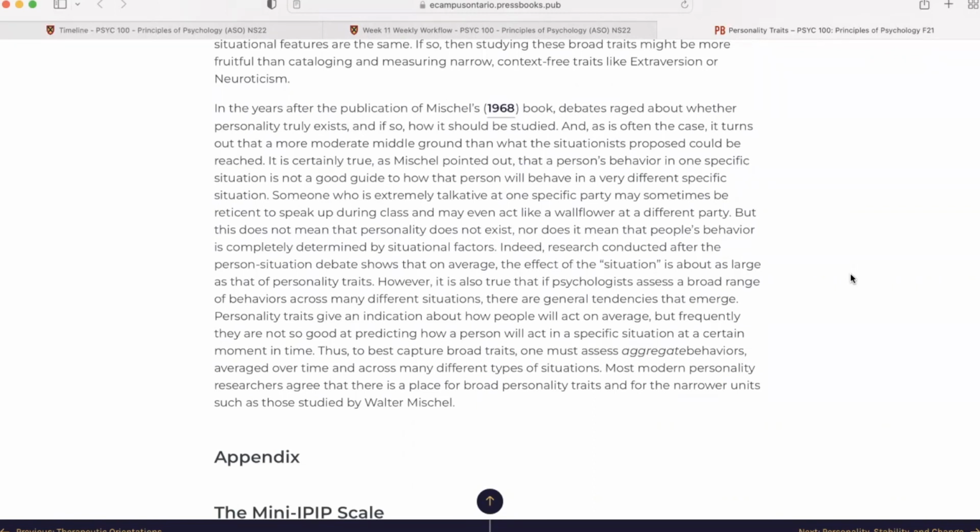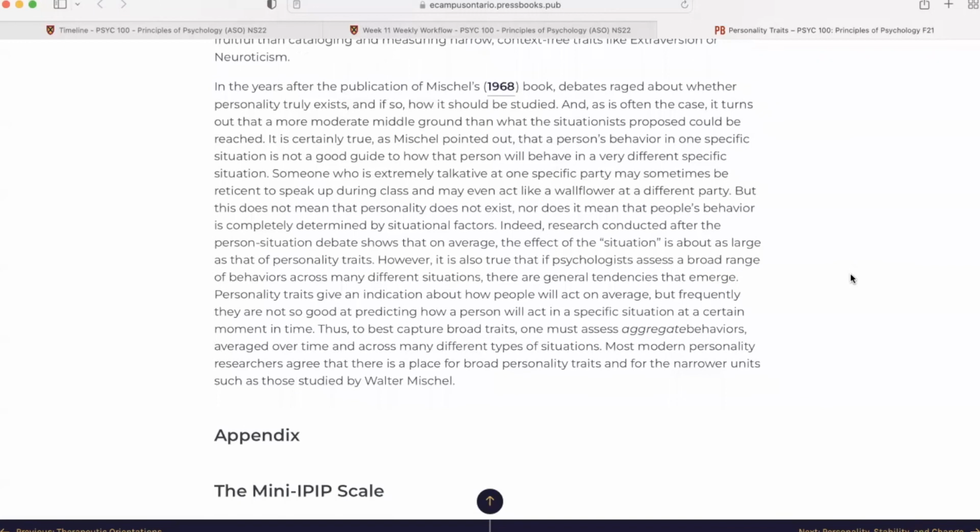But this does not mean that personality does not exist, nor does it mean that people's behavior is completely determined by situational factors. Indeed, research conducted after the person-situation debate shows that on average, the effect of the situation is about as large as that of personality traits.